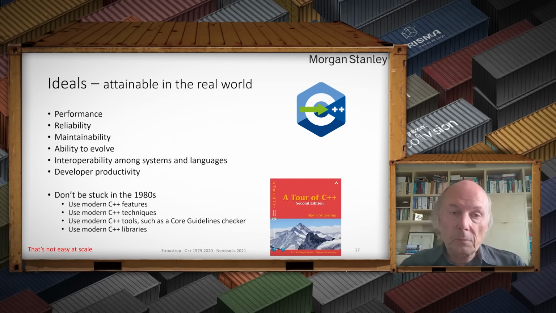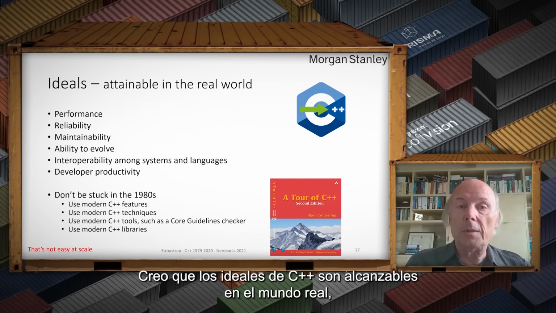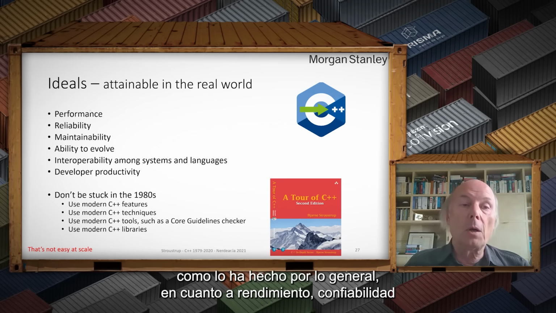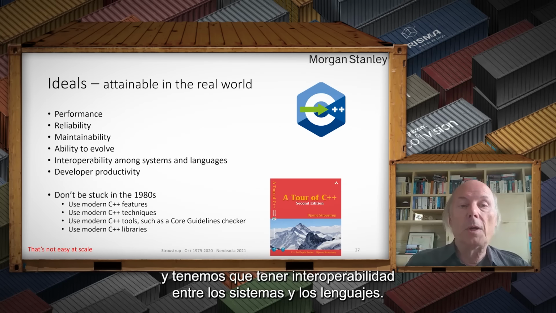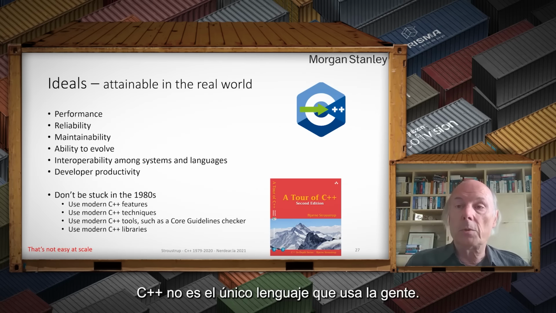And so I think C++'s ideals are attainable in the real world, and it's often attained. We can get our performance, reliability, maintainability while evolving, and we have to have interoperability between systems and languages. C++ is not the only language that people use.